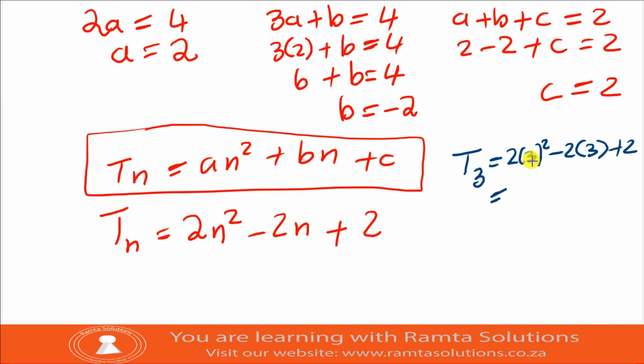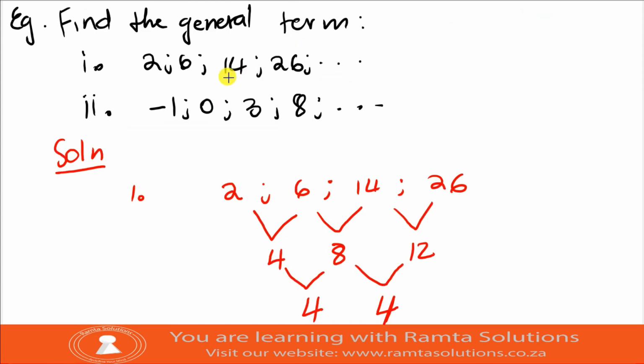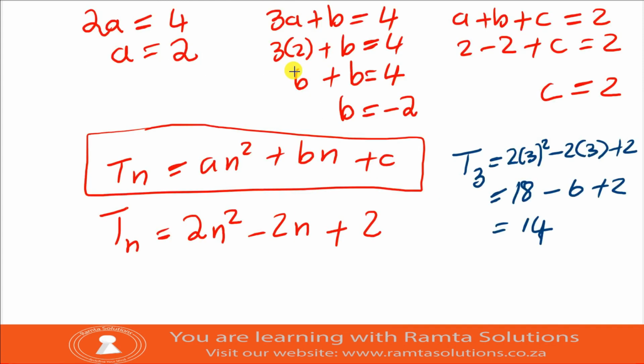So this is 2 times 9, 2 times 9 is 18, minus 6 plus 2. So this is 14. This is 14, right? I think so. Yes, the third term is 14. So this means our general term is correct.